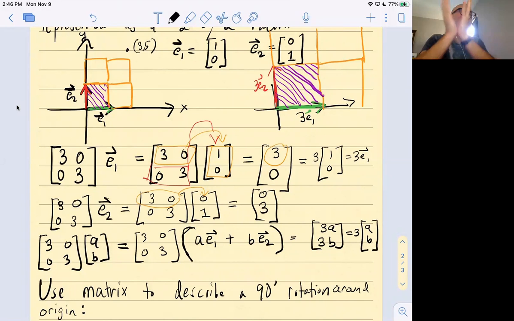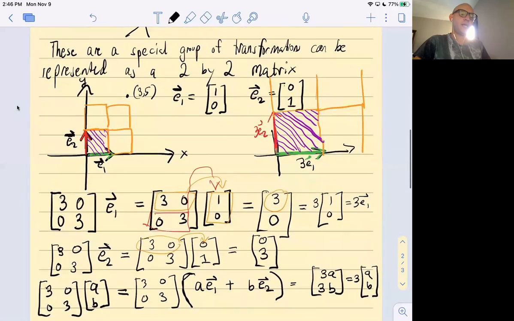And because I have a new grid, I know exactly how everything on my piece of paper must have moved to the new paper. So all we need to focus on to describe a matrix or a transformation is how E1 gets affected and how E2 gets affected.